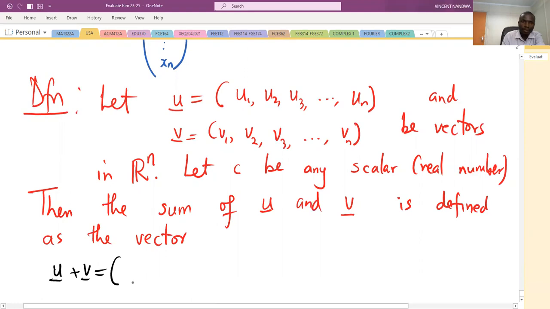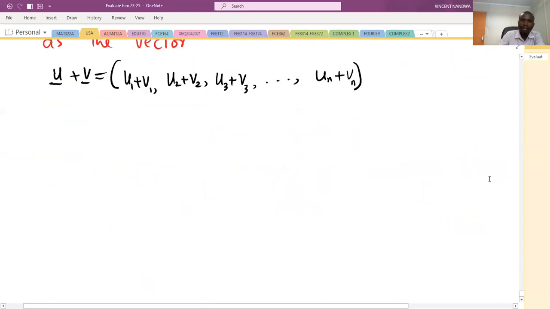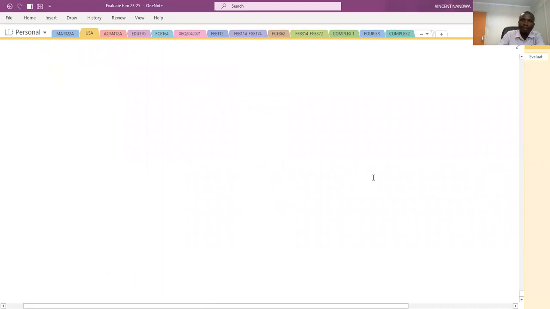So you have U1 plus V1, U2 plus V2, U3 plus V3, up to Un plus Vn. So this is the sum of those two vectors. Simply add corresponding components.